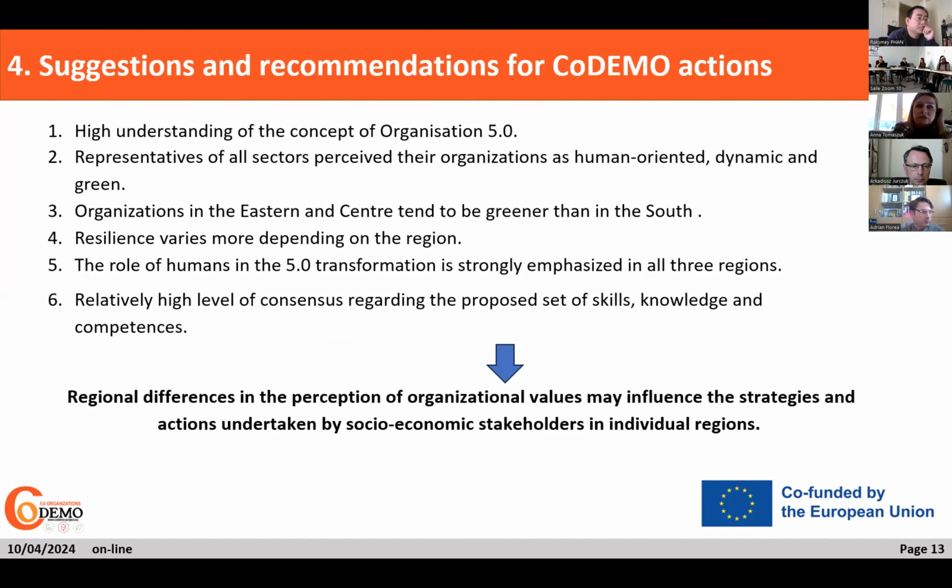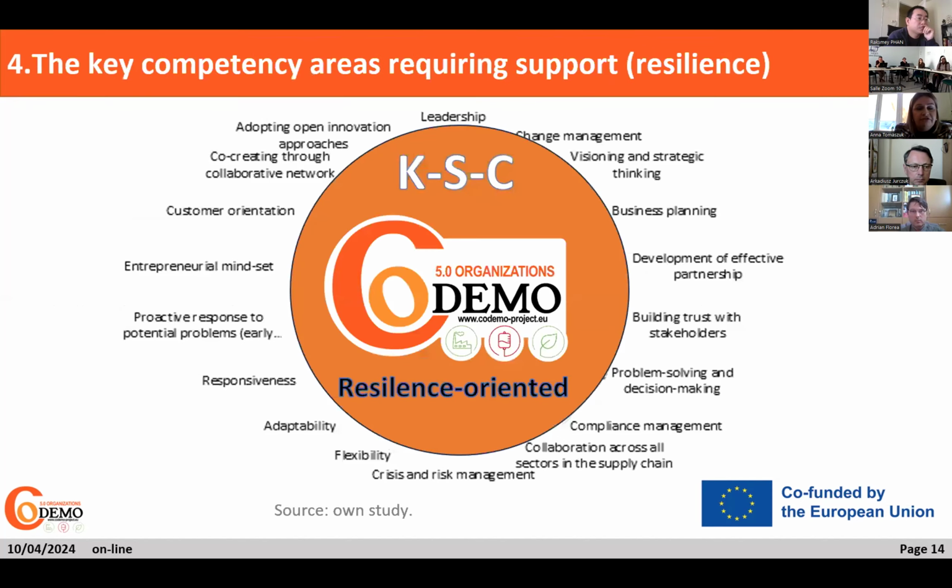And according to our survey, the most important areas requiring support include, in the first dimension, 4 factors: co-creating through the collaborative network, development of effective partnerships, building trust with stakeholders, and collaboration across all sectors in the supply chain.